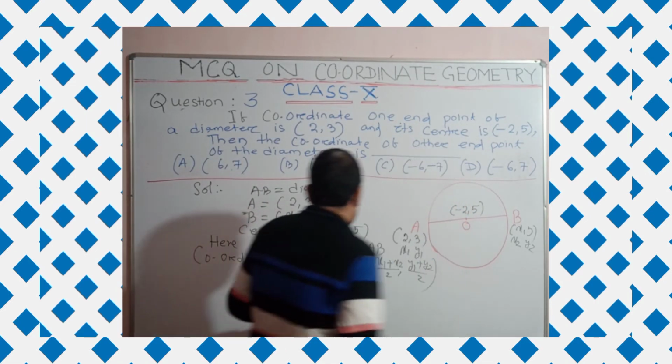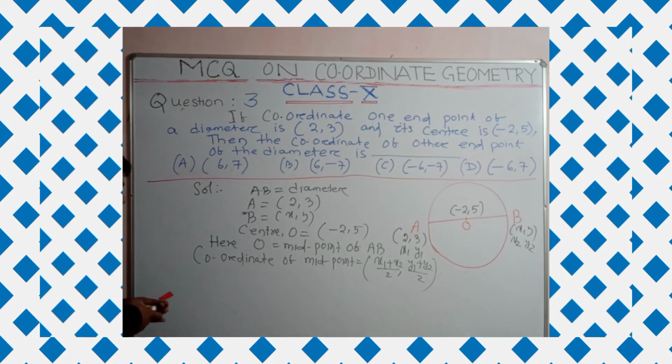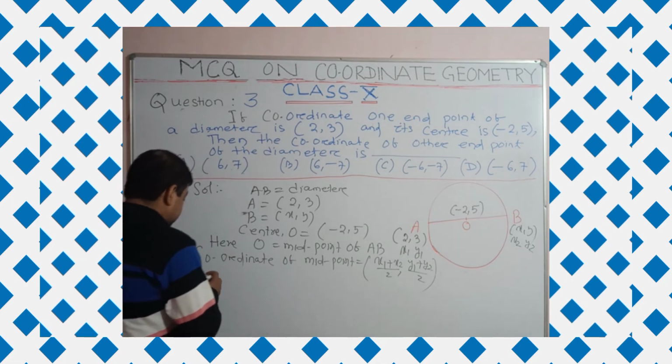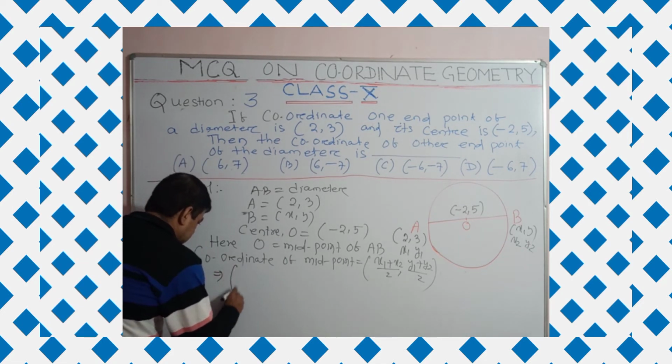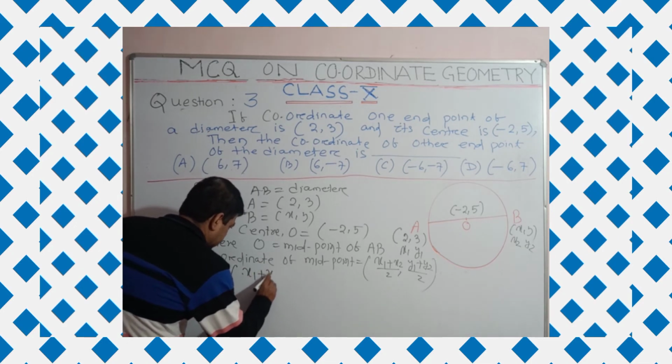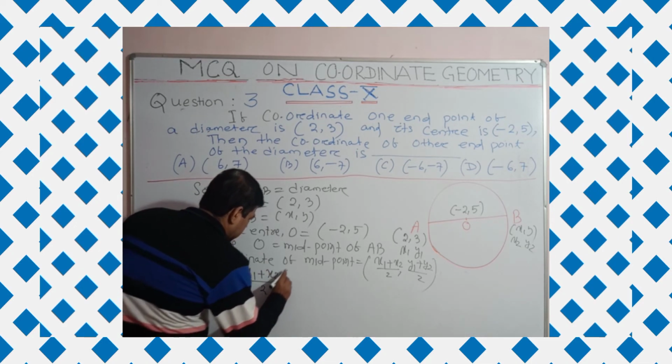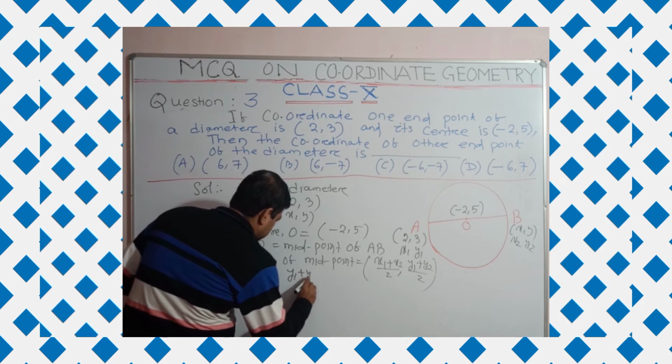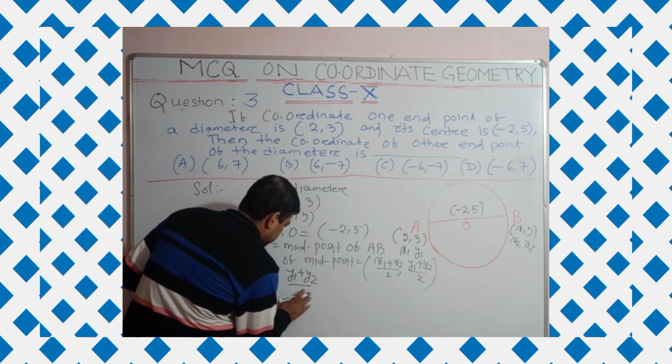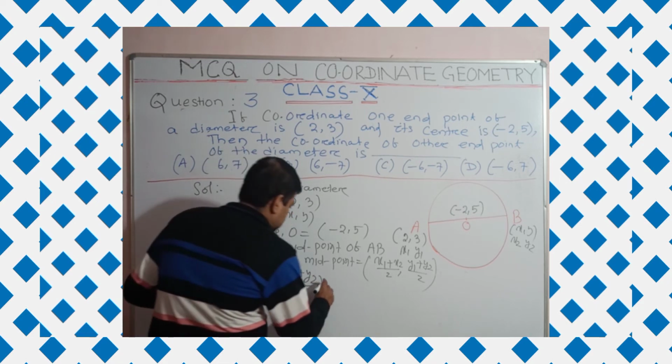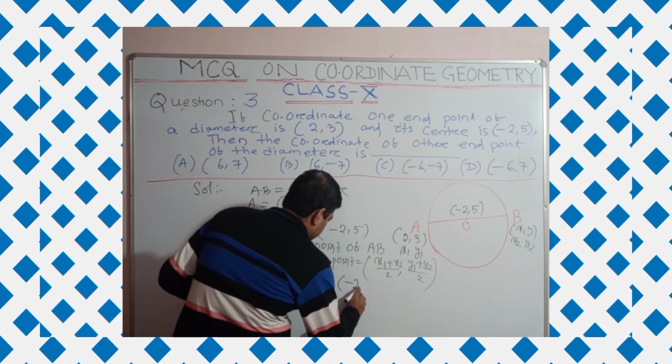Here the coordinate of the center, the midpoint, is already given. It means (x1 plus x2) upon 2 and (y1 plus y2) upon 2 is equal to (-2, 5).